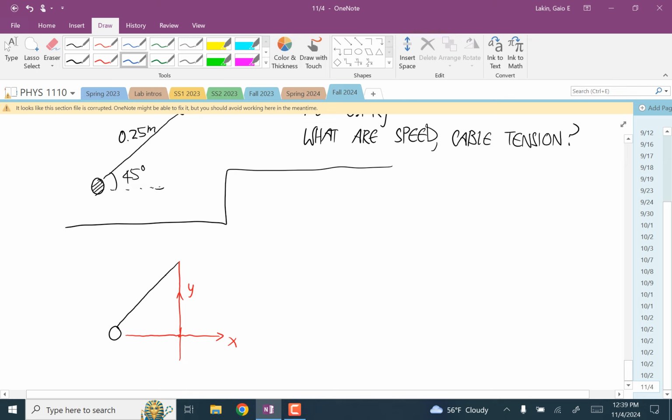The centripetal acceleration goes toward the center of the circle like this. The magnitude of the centripetal acceleration is v squared over r, and r is 0.25 times the cosine of 45 degrees.